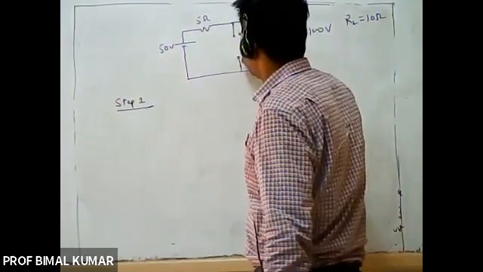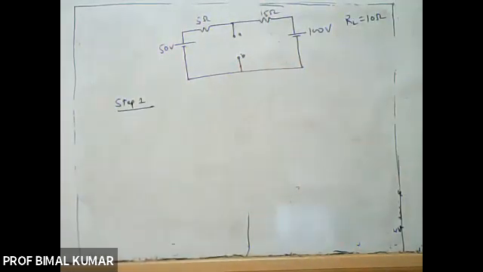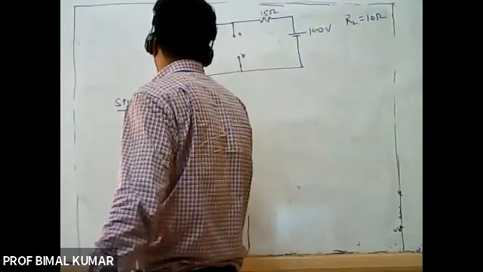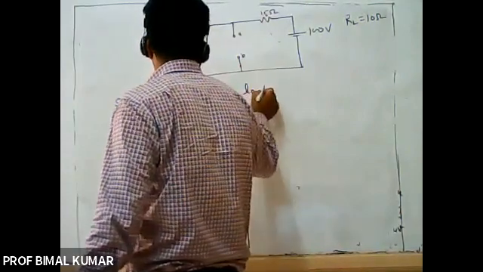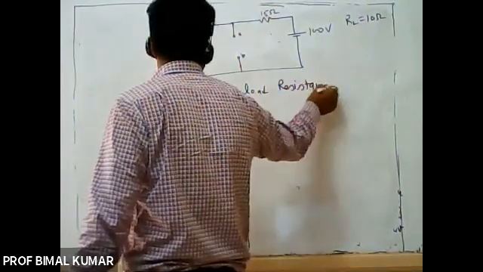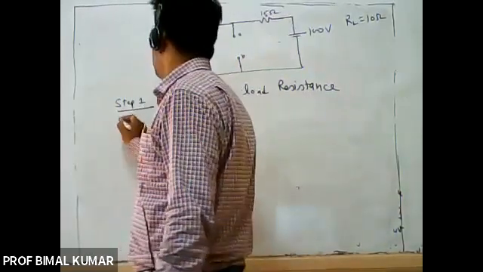Let us suppose this is your terminal A and this is your terminal B, right? Then step one is remove the load resistance. After removing this will be the network.